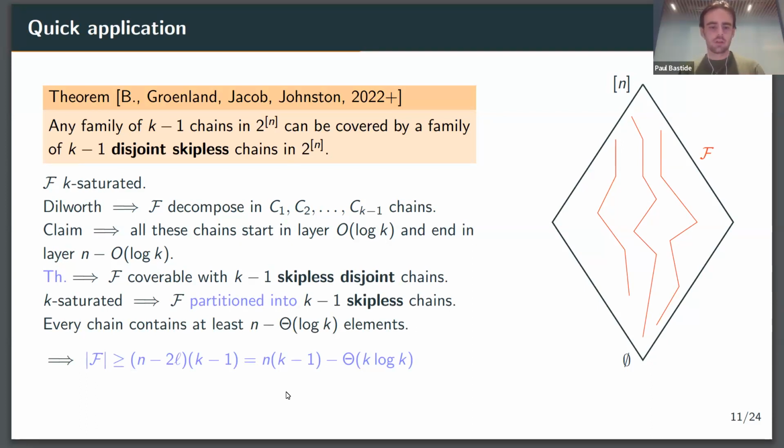The first one was saying that the asymptotic was supposed to be n times (k minus 1), and the second one was stating that there is no second order term, it's just a function of k and no function of n. So that's solving the two conjectures, and I think this gives you a glimpse of why this statement, which can seem natural in itself, can still be very useful to prove interesting stuff.